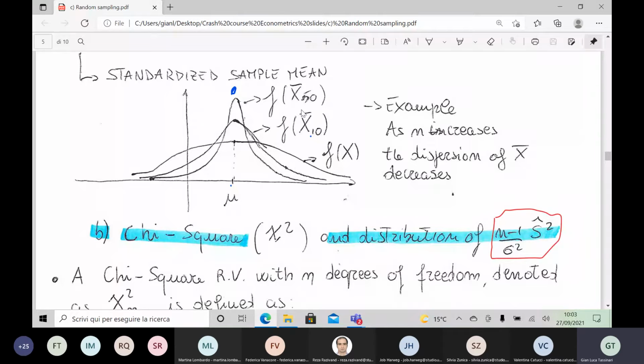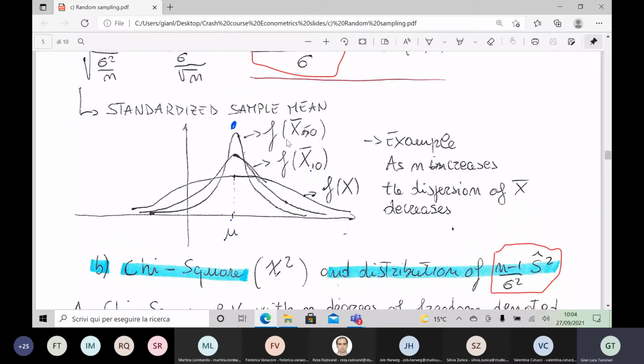You see, as the dimension of your sample increases, you have a distribution with a higher peak around mu, which means a higher probability to assume values around mu. And in particular, if you let n tend to plus infinity, what do you get? The variance tends to 0, that is, our function will assume the value mu exactly with probability equal to 1.